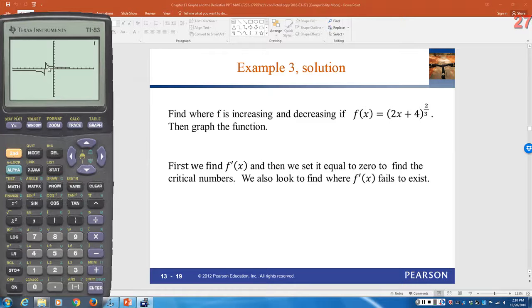And I'll see if I can get it to eliminate where it's trying to connect up the function. Now it's on dot mode, it shouldn't be connecting it anyway. Let's try this. Okay, there we go.